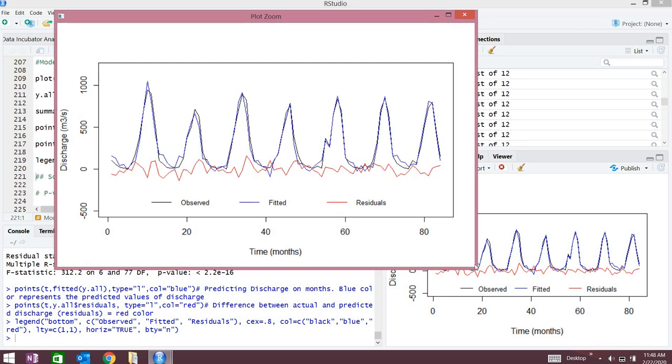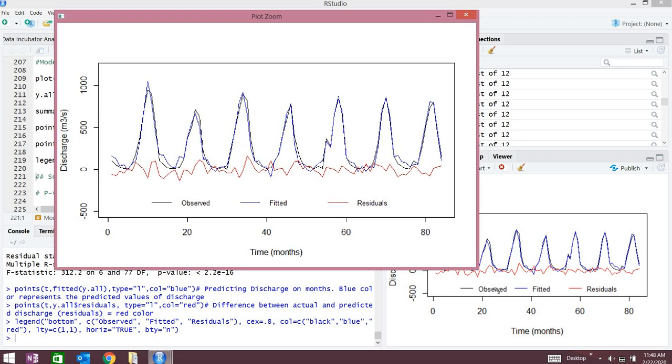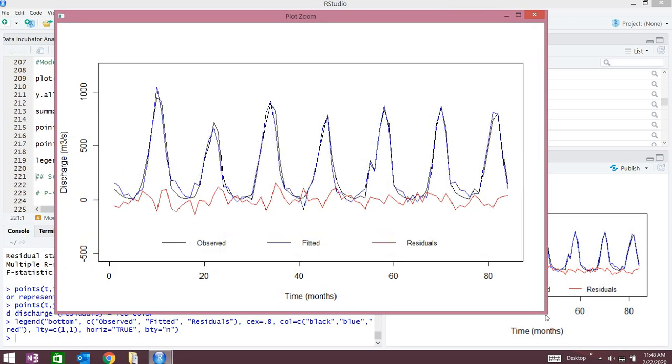So we can see here, compared to the previous plot, this one is pretty close. We predicted and observed for the highest values. This is for the rainy season. The patterns are almost the same, and they match here pretty well.